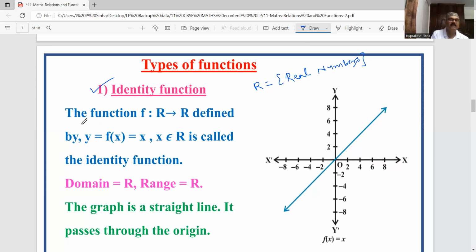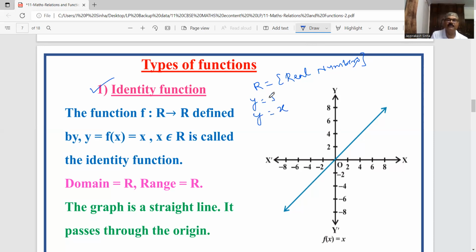The function f means f is a function from R to R defined by y is equal to f(x) is equal to x, where x is a member of the real numbers, is called the identity function. Here y is equal to x.